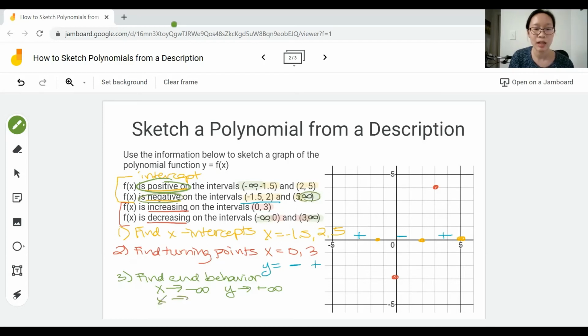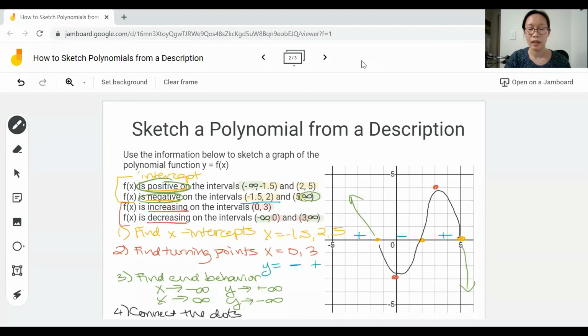So this tells me as x approaches infinity, y approaches negative infinity. In other words, as I'm going left, my graph is going up, and then as I'm going right, my graph goes down. From here, all I have to do is connect the dots with a smooth curve. And now you have a sketch of what the graph could look like.